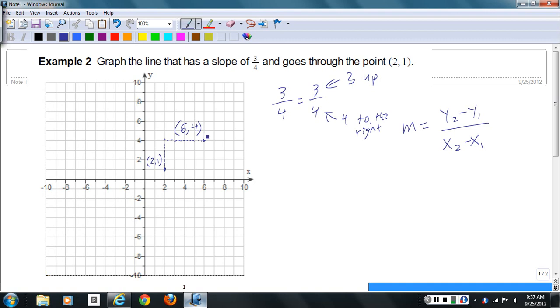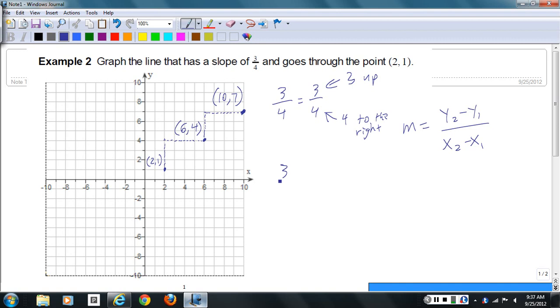And we could do this again. We could go 3 more up and 4 more to the right, and that takes us to what point? Looks like (10, 7). Now, if moving up and to the right would take us off of whatever page or graph that we're working on, it might be advantageous to go the other direction.